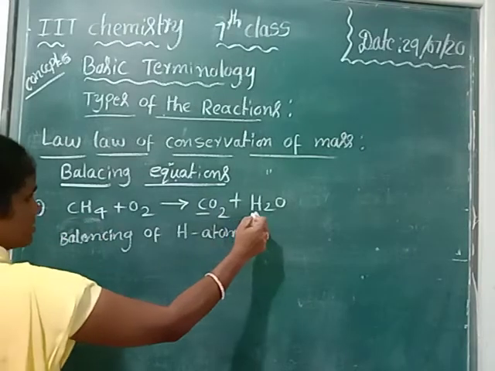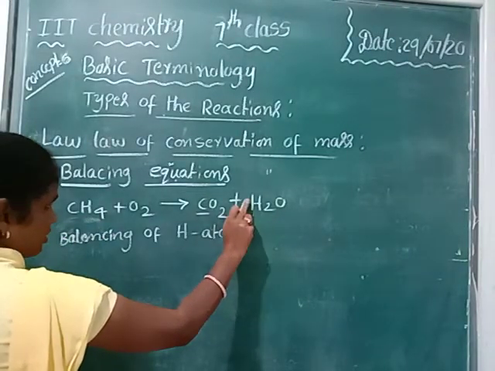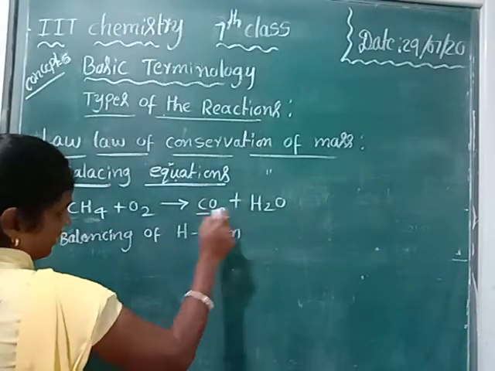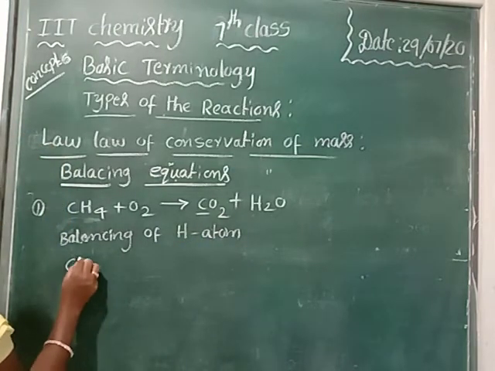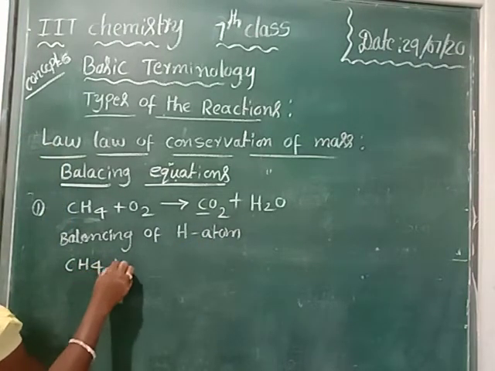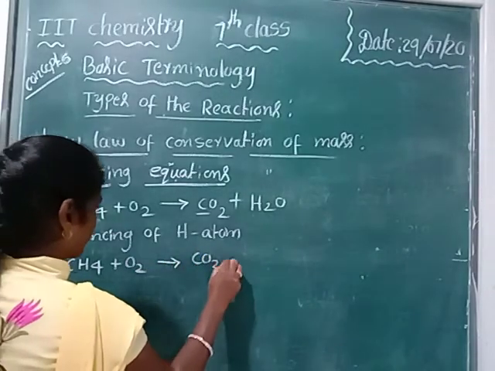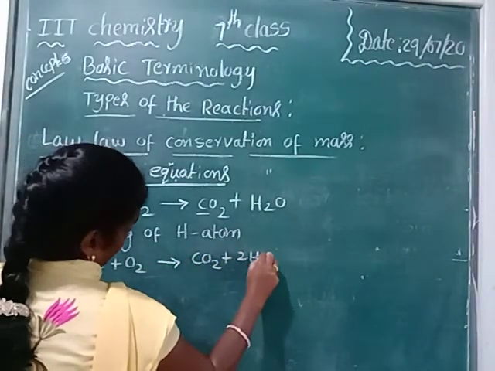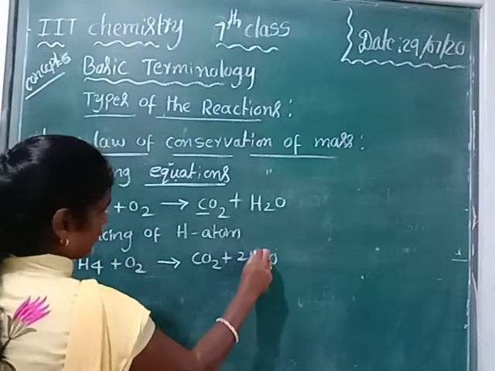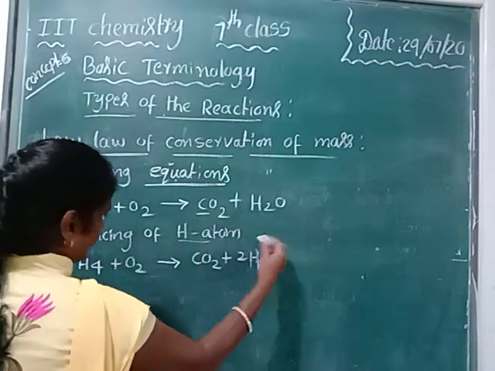Here how many hydrogens are there? 2 hydrogens. If you keep 2, then the hydrogens will balance. You should write the equation CH4 plus O2 gives CO2 plus 2H2O. Now the hydrogen atoms will be balanced.